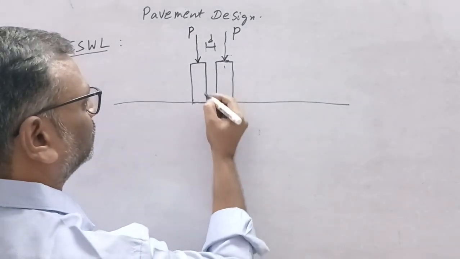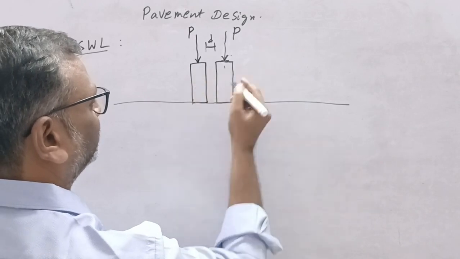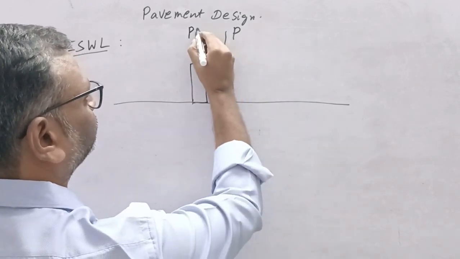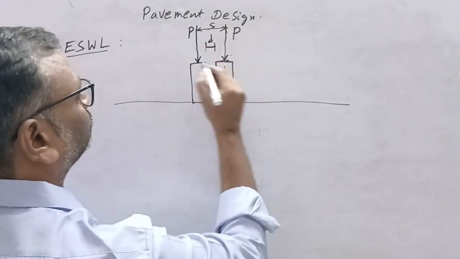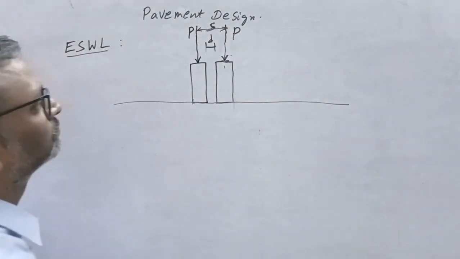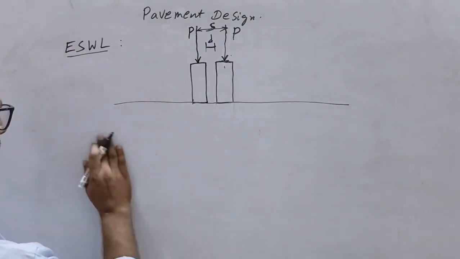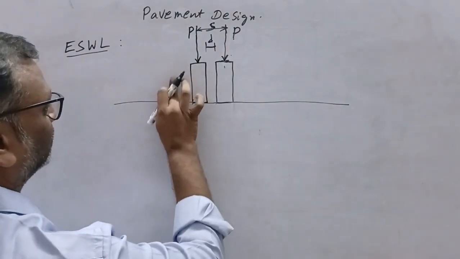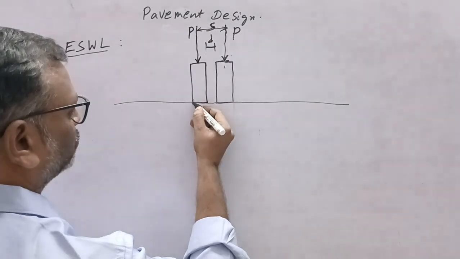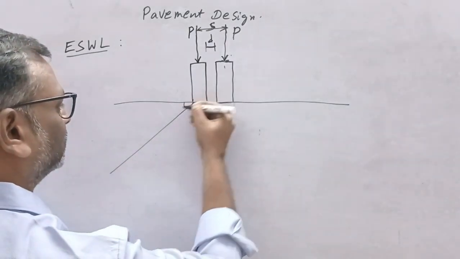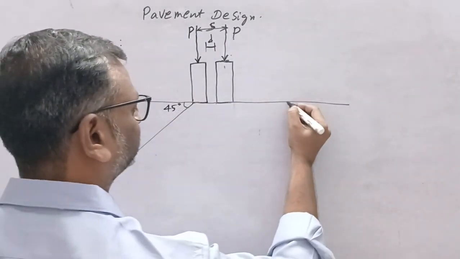And let S be the distance from center to center of these two wheels. This is a semi-rational concept, and in this concept, suppose 45 degrees is the stress distribution beneath the surface.